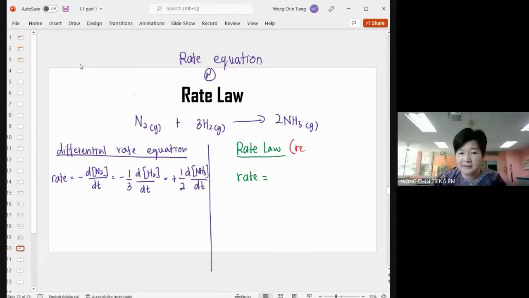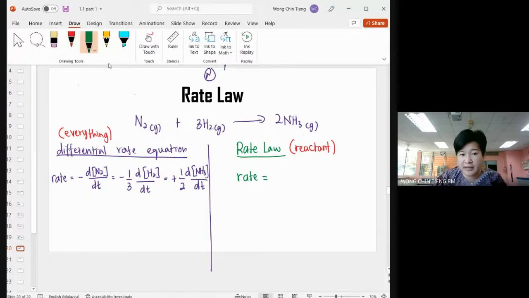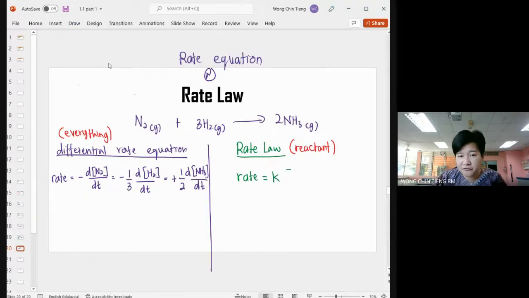If you realize, the main difference is that in the differential rate equation, we take everything, all products and reactants. But in the rate law, if you realize, guys, we only take count of the concentration of the reactant. Noticed? That is why, do we need plus or minus? Do we need positive or negative?